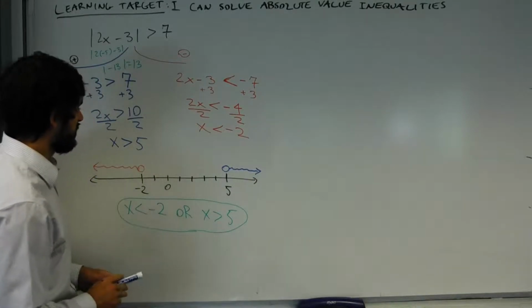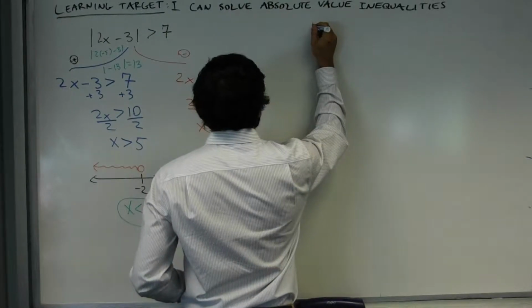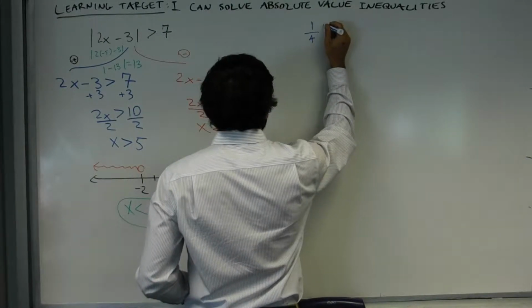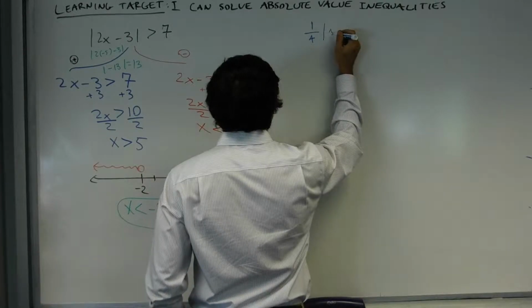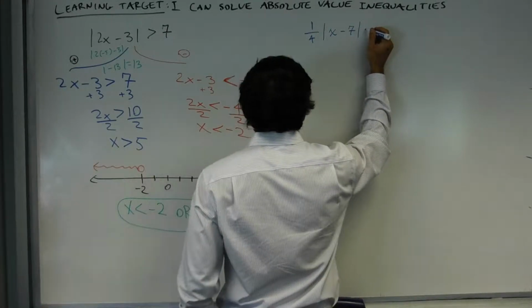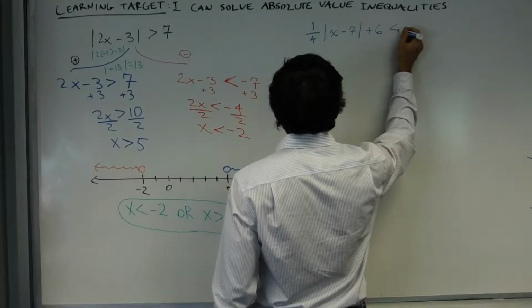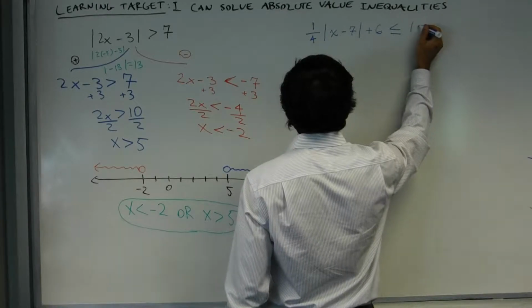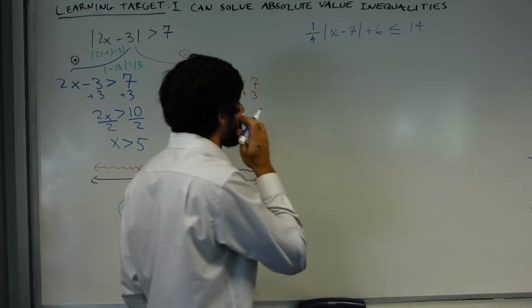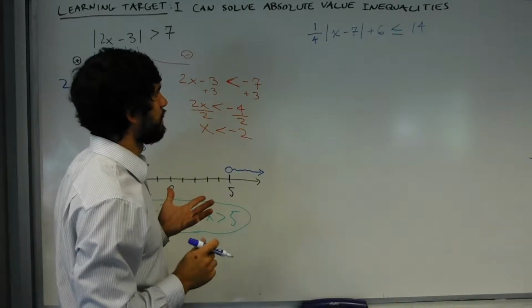Suppose instead we have 1/4 absolute value of x minus 7 plus 6 is less than or equal to 14. This one is a little bit more complicated.